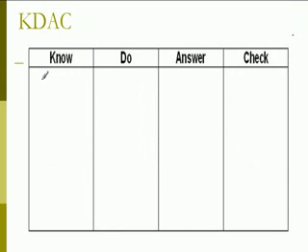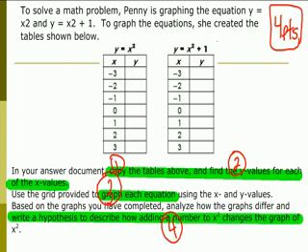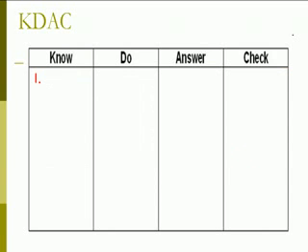Alright, so what do we know? Well, the first thing we know about our equation is we have both equations and we have the x values. We know the equations, okay, and we know the x values. Well, what do we have to do?